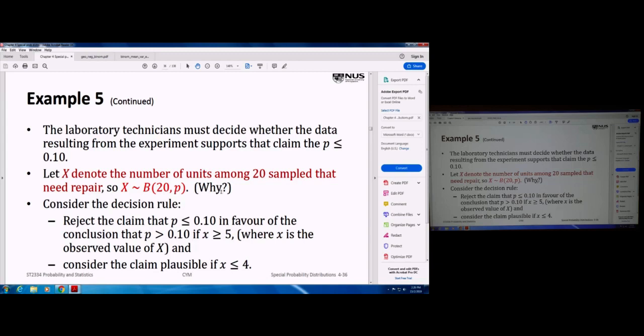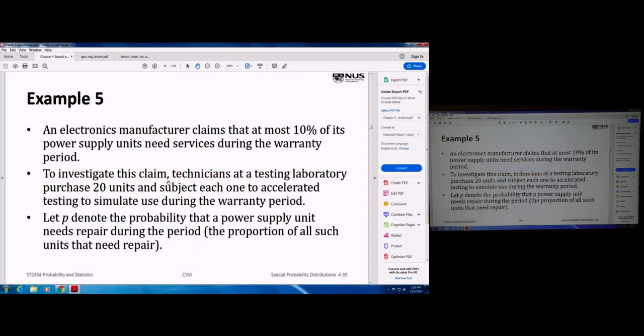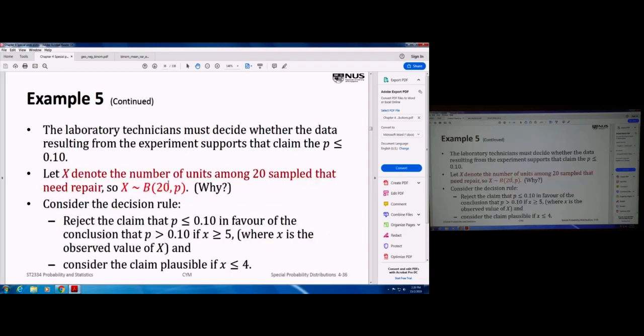Well, basically, each time you put this unit through a stress test, then with probability P, you need to service the machine within the warranty period. Okay, and that's done presumably independently. So the hypothesis is this is 20 independent and identically distributed Bernoulli trials. Okay, and the probability that they fail is P.